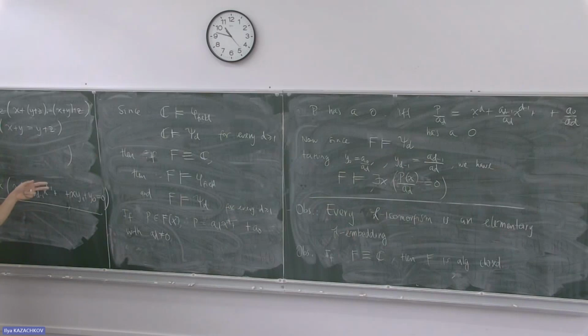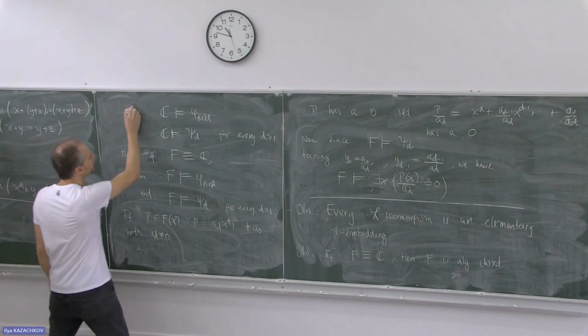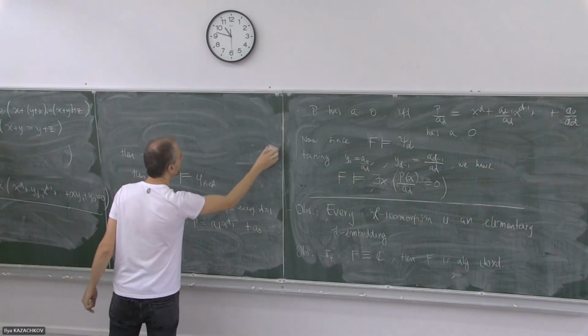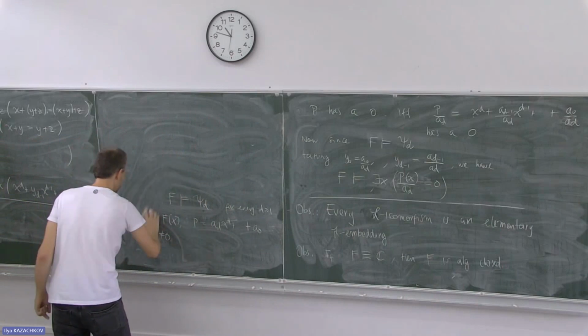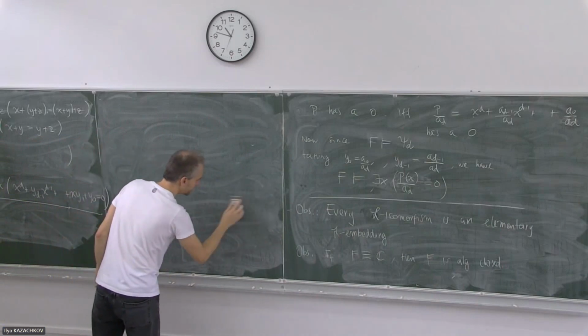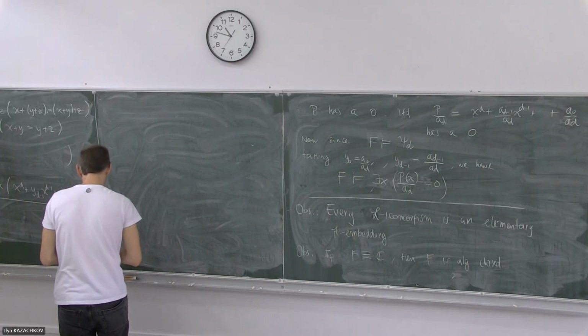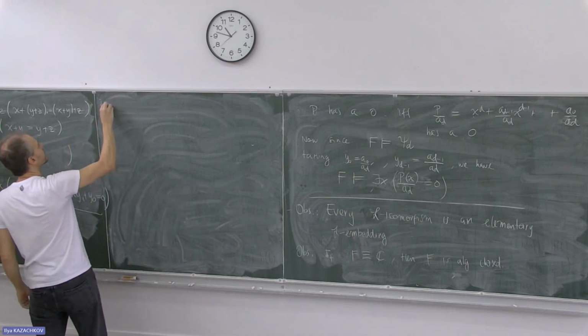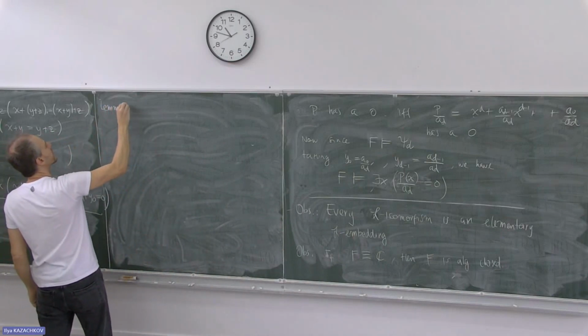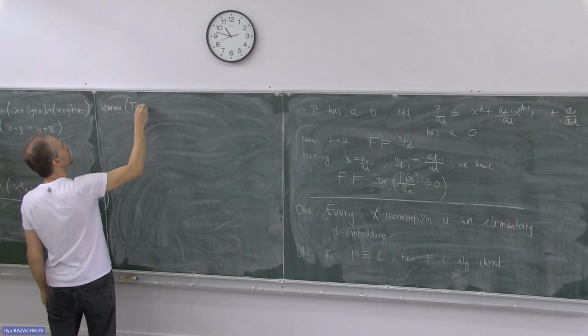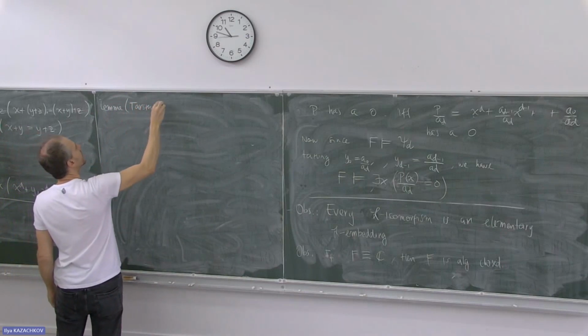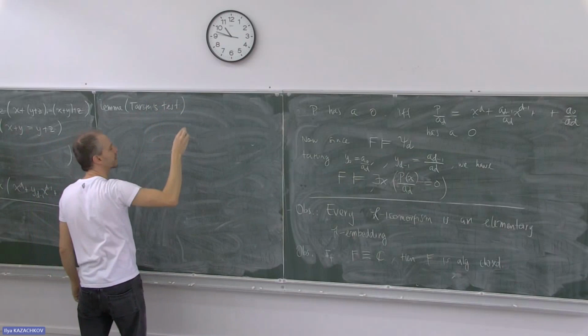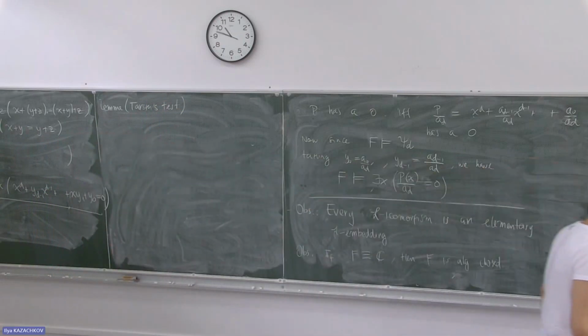There is one way, a shortcut, to know that a given inclusion is an elementary embedding. This is called the Tarski test lemma. This is called Tarski's test. Let me write it in the way I want.